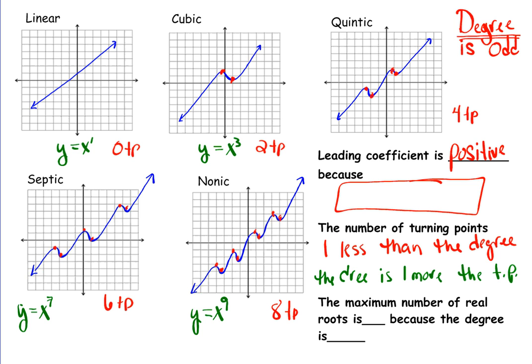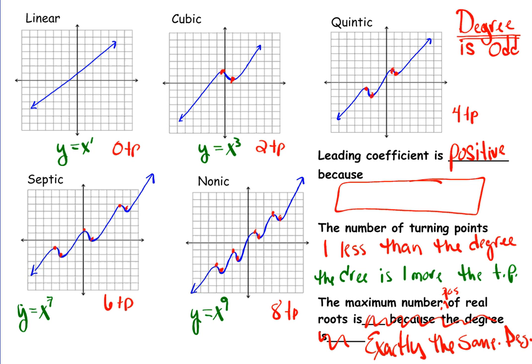And the maximum number of real roots is exactly the same as the degree. The maximum number of real roots is exactly, and sorry guys, I didn't fix that, the same as the degree. The maximum possible. We'll put that word in there too.